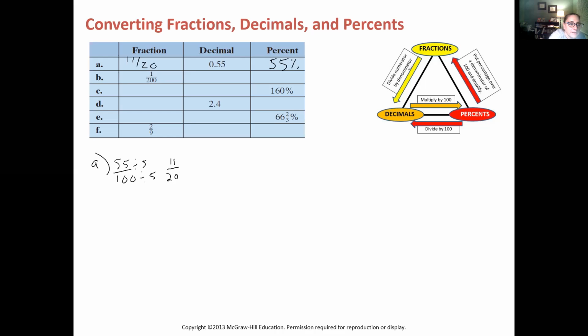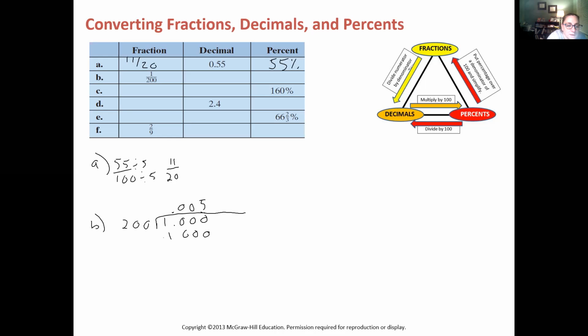All right, for B, they're giving us 1 over 200, but nothing else. So to find our decimal, we need to divide. Zero, add another 0, still can't go into that. But if we add another 0, then we get 5, and that's going to be 1,000.